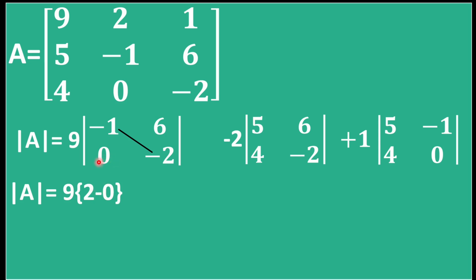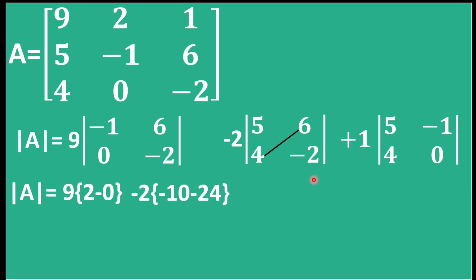Then we will multiply 0 and 6, and 0 times 6 equals 0. Now we will shift to this value. So this -2, then we will multiply -2 and 5. So 5 times -2 equals -10, and then we will write minus in the middle, and then we will multiply 4 with 6. So 4 times 6 is equal to 24, and now we will shift here.